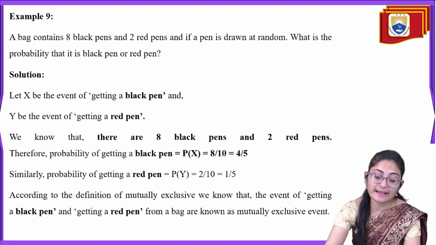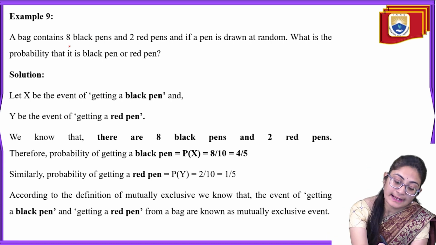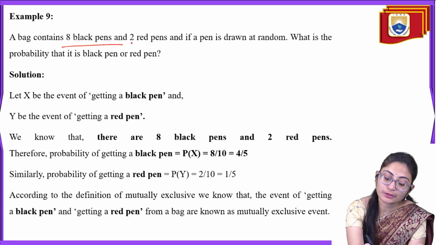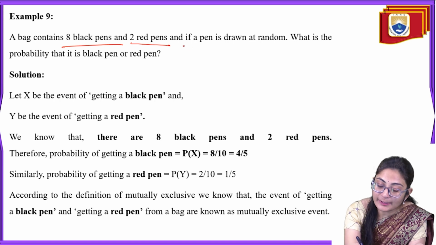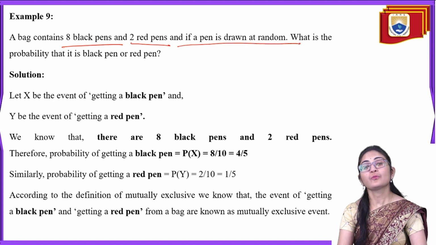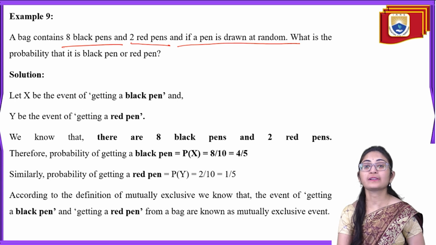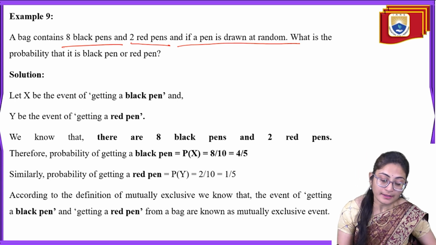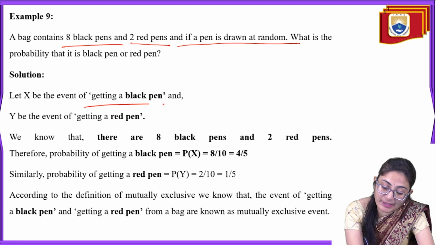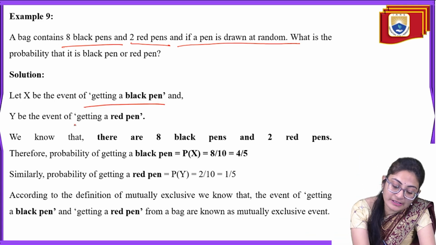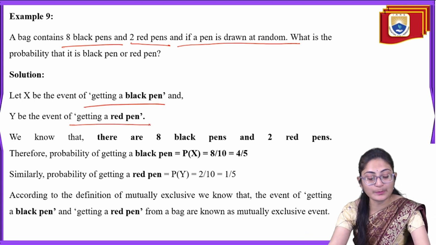Now next question is that a bag contains 8 black pens and 2 red pens, and if a pen is drawn at random, what is the probability that it is a black pen or a red pen? Now X be the event of getting a black pen and Y be the event of getting a red pen.